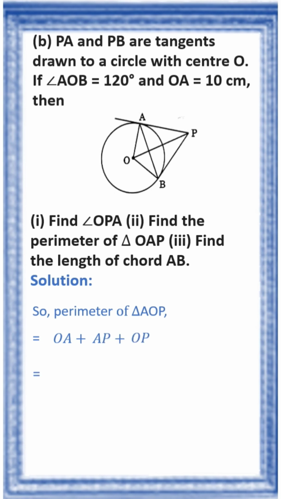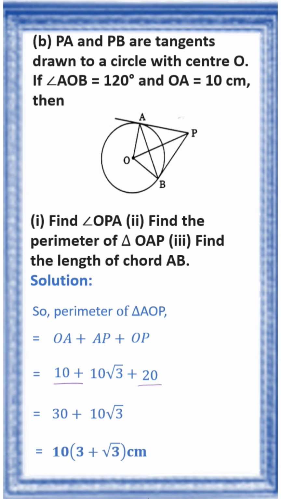OA is 10 centimeter, AP is 10 root 3 centimeter, OP is 20 centimeter. Here 10 plus 20, that is 30, plus 10 root 3. Here 10 is common, we can take it outside. 10 into 3 plus root 3 centimeter. So the perimeter of the triangle AOP is 10 into 3 plus root 3 centimeter.